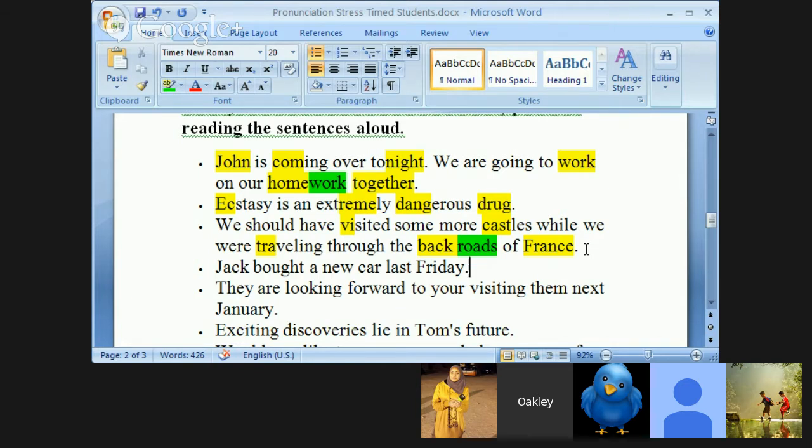But even though the third sentence seems to be a great deal longer than the second sentence, it's not. Ecstasy is an extremely dangerous drug. We should have visited some more castles while we were traveling through the back roads of France. It's a little longer, yeah, but not a whole lot.